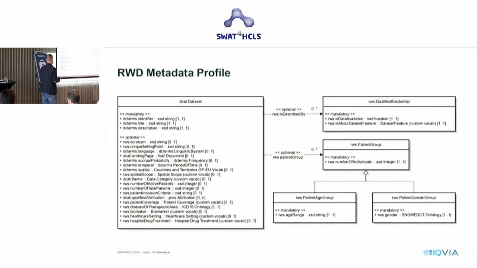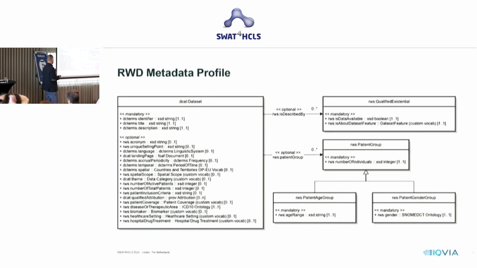In this slide, we can see the main aspects of our proposal. We extended DCAT by adding classes, properties, and constraints. On the right side, we see the patient group class and its descendants that are used to describe patient group features of a given data set, either by age or by gender.